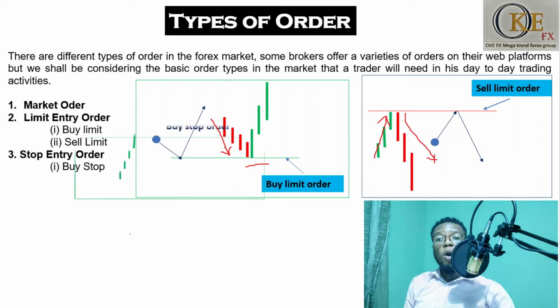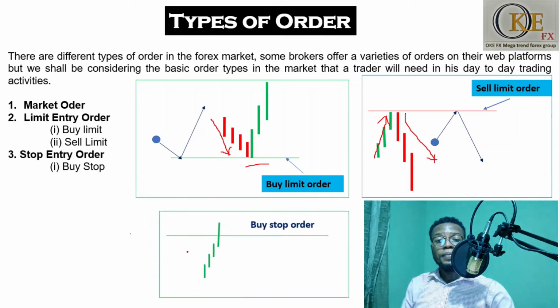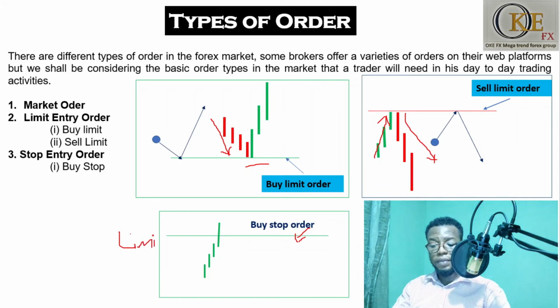In a buy stop order, what actually happens is this: unlike in a buy limit order, in a buy stop the entry order is above price, and in the sell stop order, the entry order is below price, so to say.